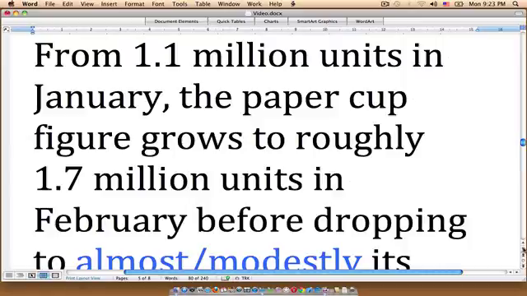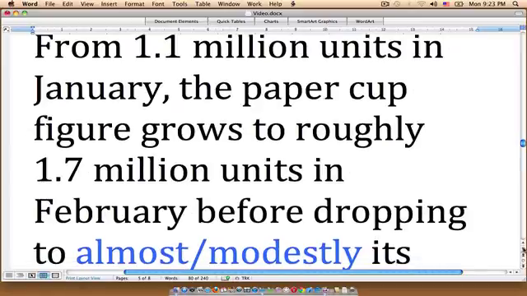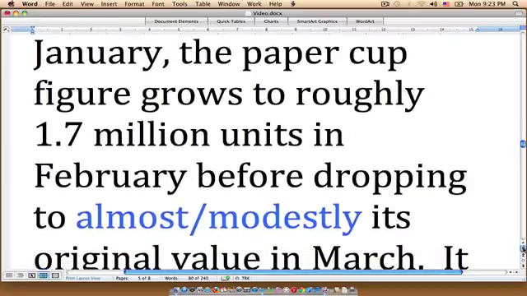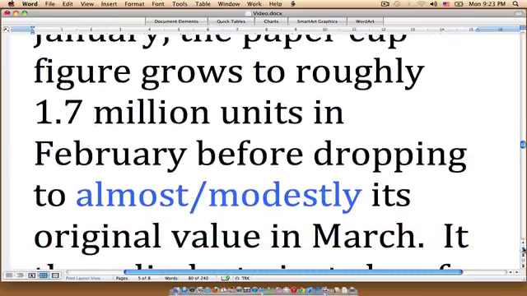From 1.1 million units in January, the paper cup figure grows to roughly 1.7 million units in February, before dropping to almost its original value in March, or before dropping to modestly its original value in March. And here the correct word would be almost.